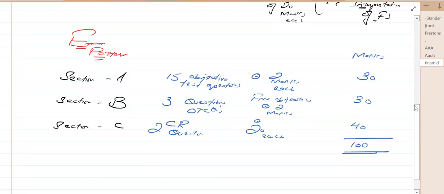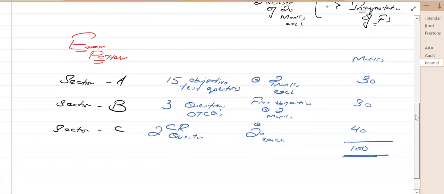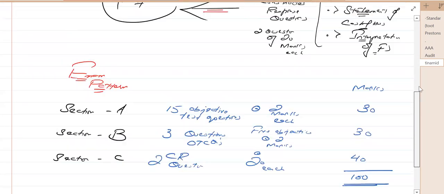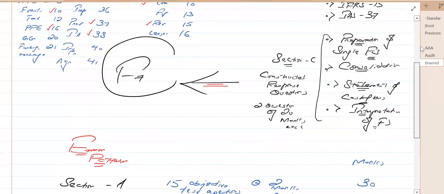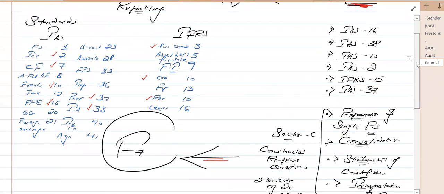They have a lot of questions in a set, and then they shuffle it accordingly and give different papers to different students. So section A, B, and C. So 15 objective test questions. So the examiner can at least test almost 8 to 10 standards over there.